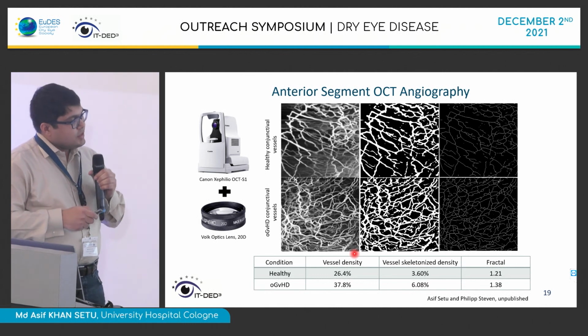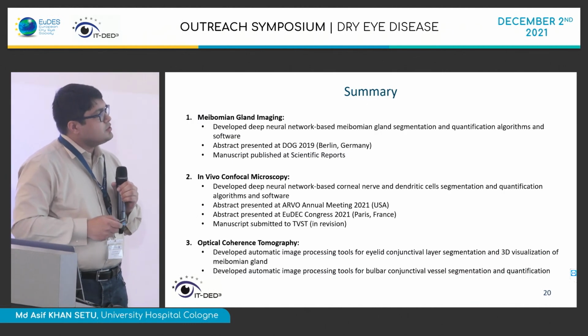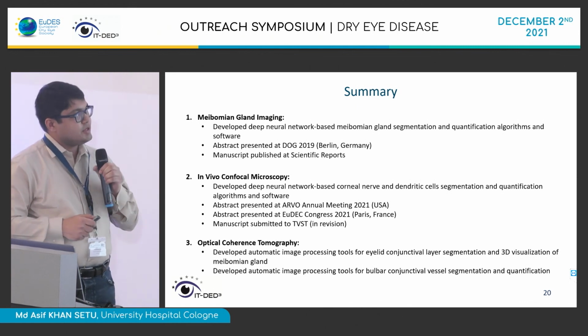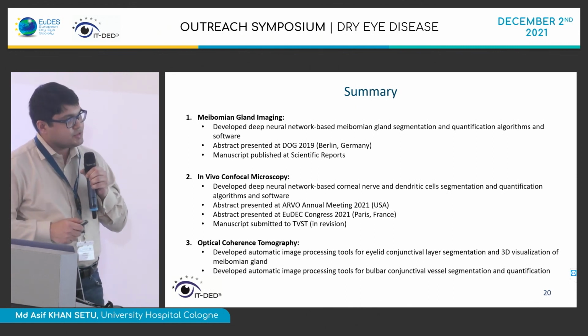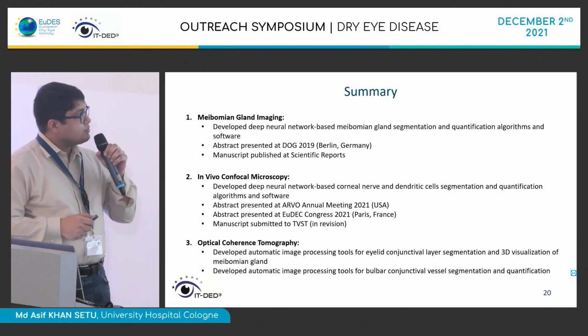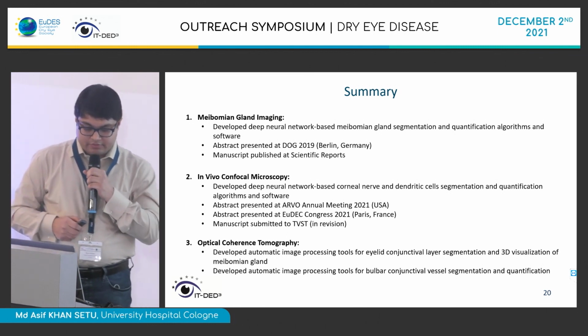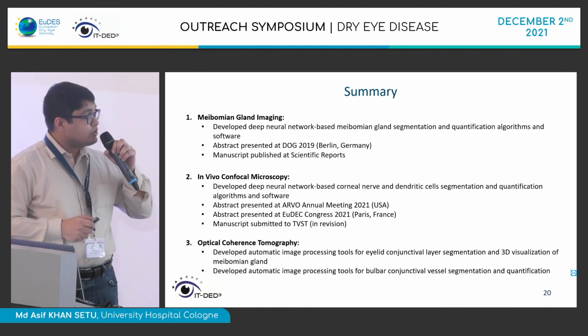So in summary, we have already developed a deep neural network based Meibomian gland segmentation and quantification algorithm. We presented our results at a conference in Berlin, and we have already published our manuscripts.